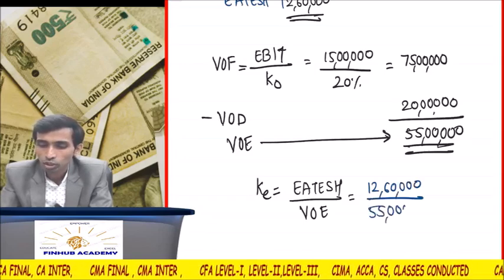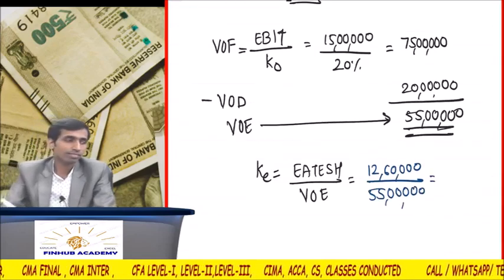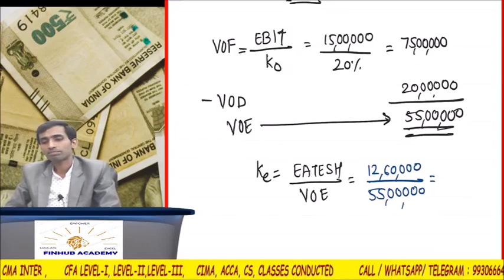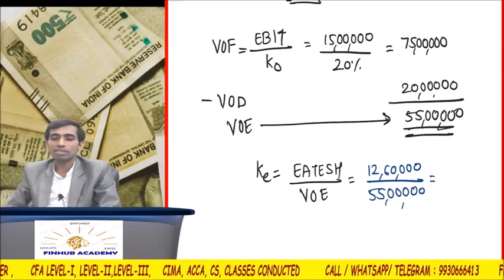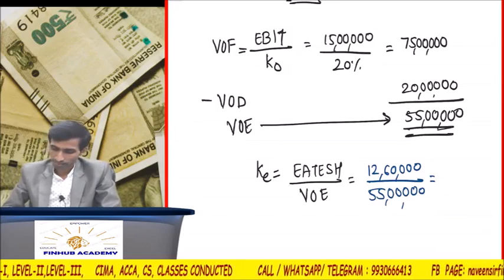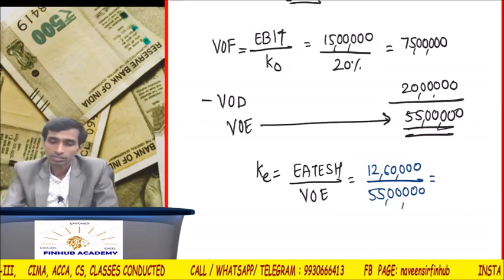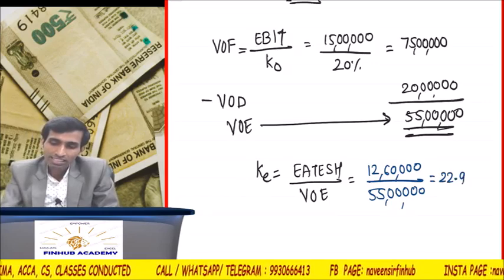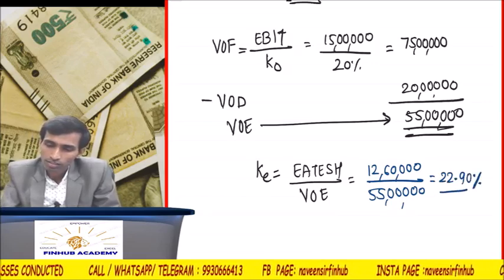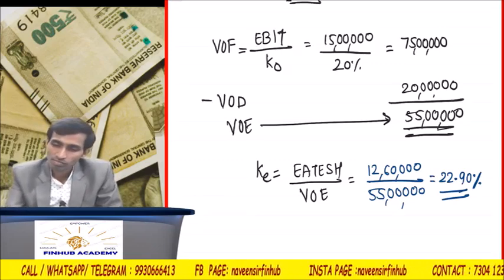Because I have to calculate overall cost of capital, and for that KE is needed. The answer is how much? 22.91%.